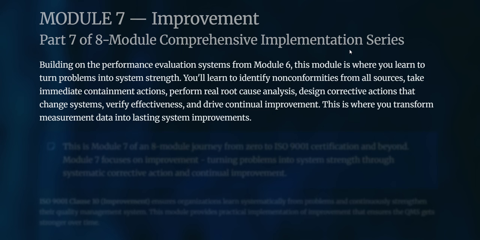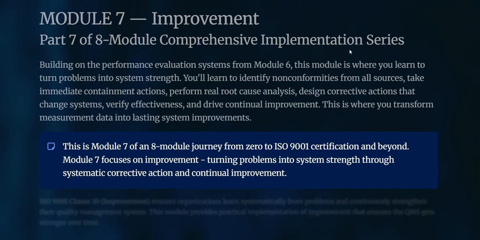You will be able to design corrective actions that change systems with Module 7, and also to verify the effectiveness of those actions and drive continuous improvement. This is where you transform measurements from the previous module into lasting system improvement.